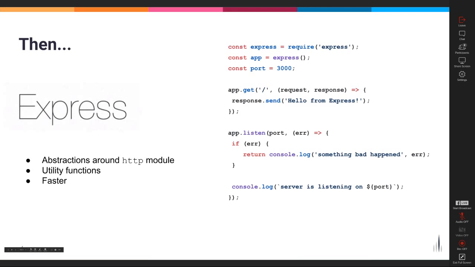Yeah, it's a little bit faster. It's imperative. So again, there's no real abstractions here. What you want, you basically have to write out. You have to program it yourself. So there's a great deal of flexibility with this method, but it does come at a cost.